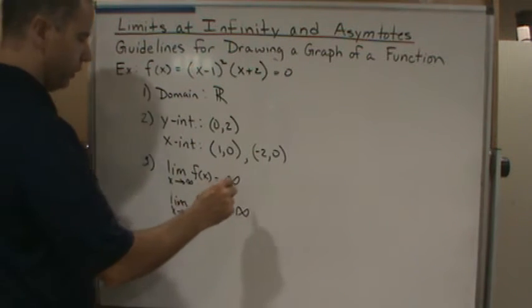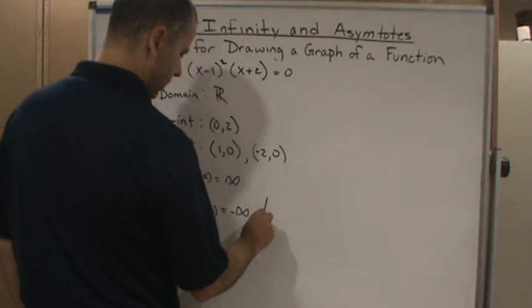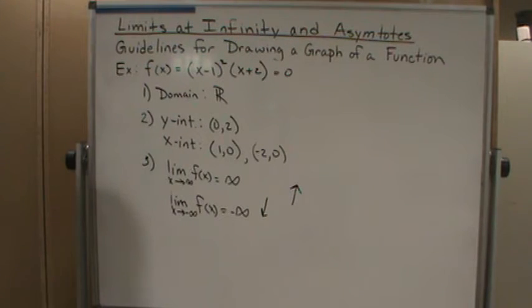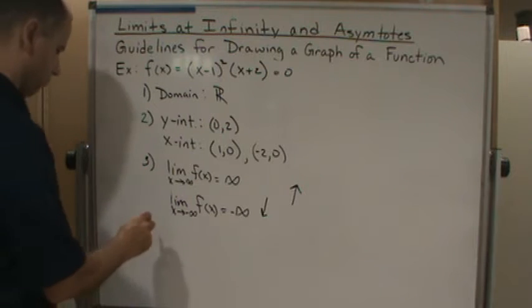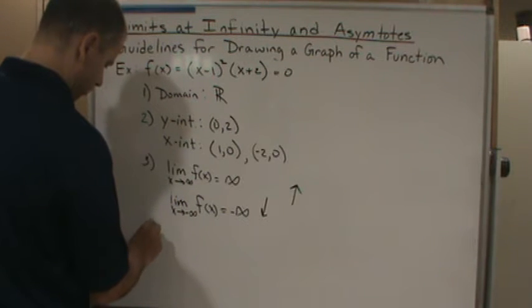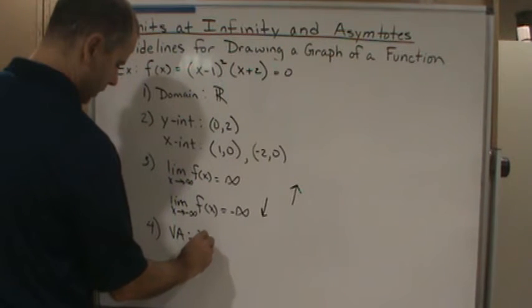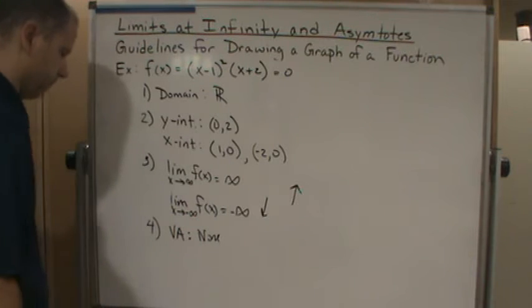We know it does something like this. Now, step 4, we want to look for vertical asymptotes. Since it's a polynomial function, there are no vertical asymptotes. Vertical asymptotes: none.